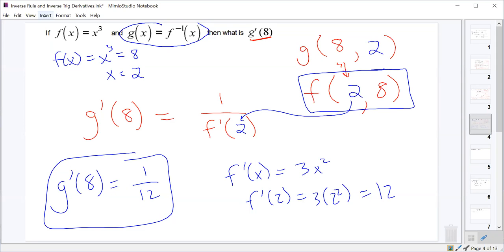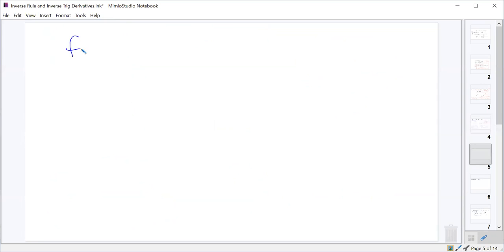All right, so real quickly, we could have said, well, here's F of X is X cubed, right? And G of X is the inverse. Well, how do we find the inverse of X cubed? We could have just found the inverse function, right? How do we do that? You just solve for X. It gives you cube root of Y is X, and then you exchange the values.